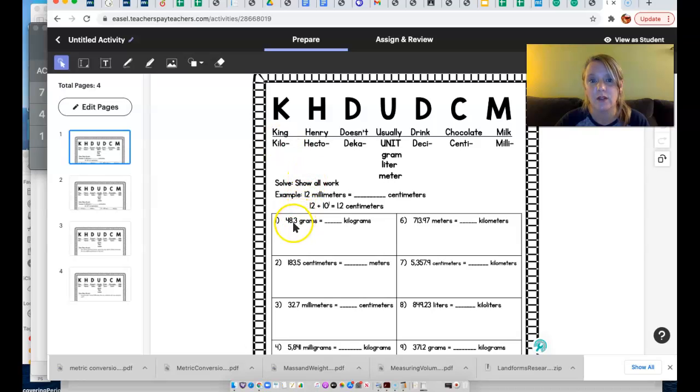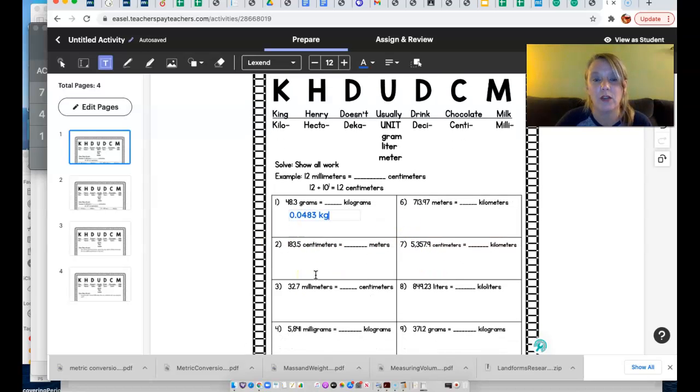All right, so if we do that, here's the decimal right here. 1, 2, 3 places to the left. So our answer is going to be 0.0483 kilograms. Right? We'll do one more on this page.